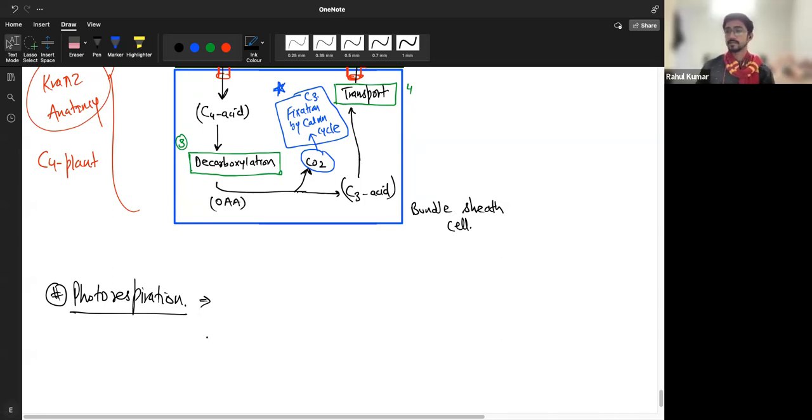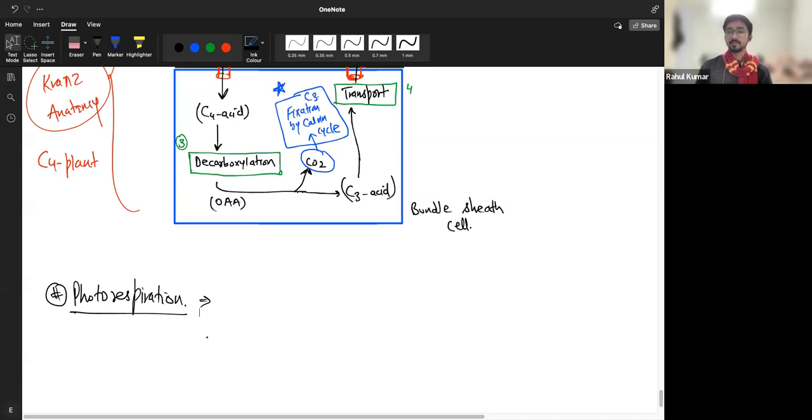And instead of getting 2 molecules of PGA, the C3 plant now gets one molecule of PGA and one phosphoglycolate, not phosphoglycerate.